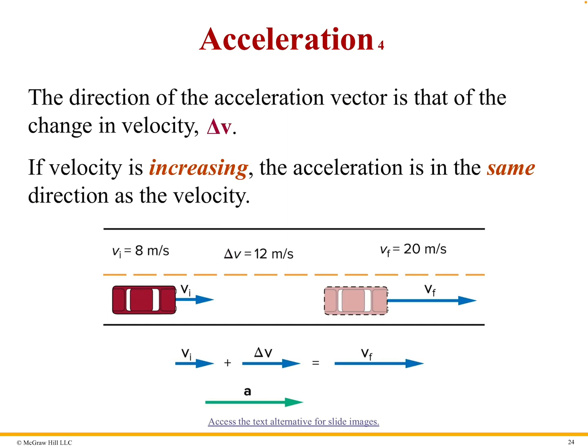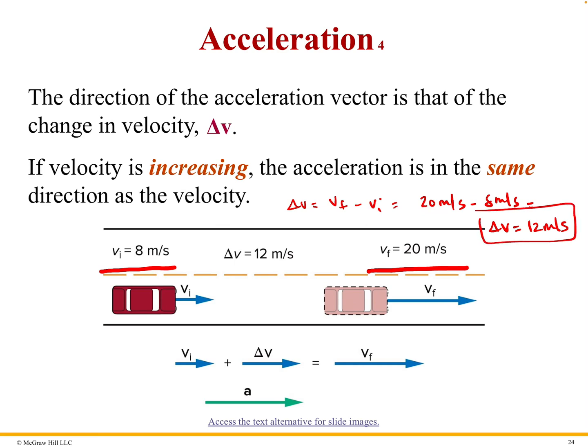So, for instance, if we have an initial velocity of 8 meters per second and a final velocity of 20 meters per second, the change in velocity is final minus initial. Final was 20, initial was 8, so our change in velocity is equal to 12 meters per second.